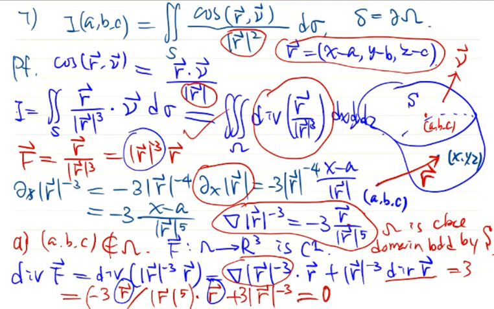Because in the first term, the inner product is the norm of R squared, divided by the norm to the power 5, gives the power minus 3, so it cancels with the second term in this sum. So the result is 0. Okay. So having obtained this, we can complete the computation.